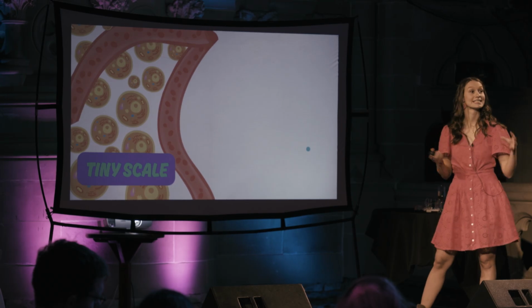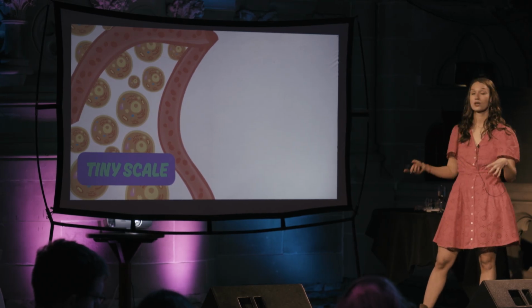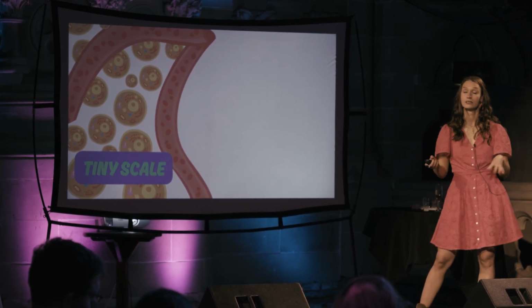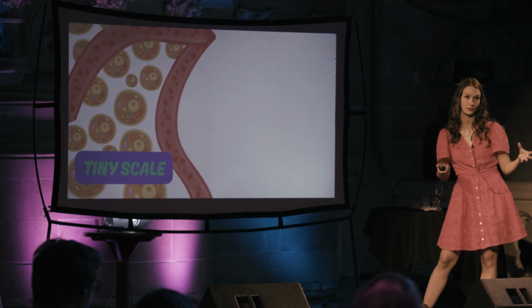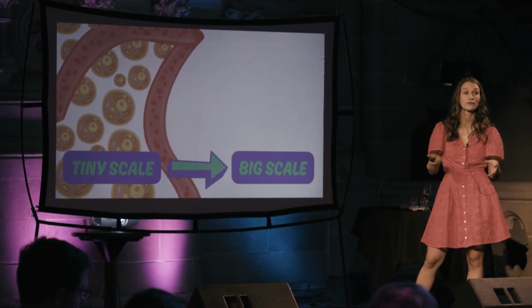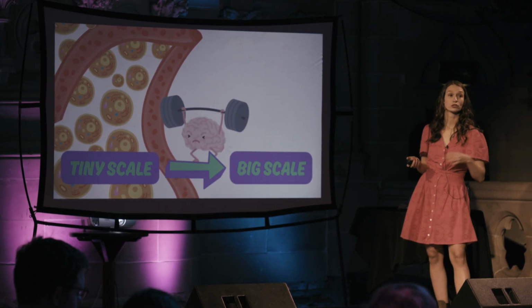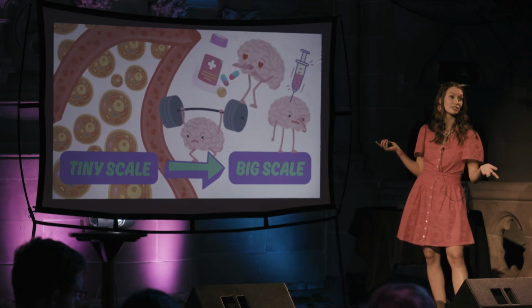Multiscale modeling is how we link with equations what's happening on the tiny scale, like inside small blood vessels and cells, to what we observe at a larger level, like how the tumor grows or how it might respond to treatment. So the tiny details are really important to take into account as they can completely change the big picture.